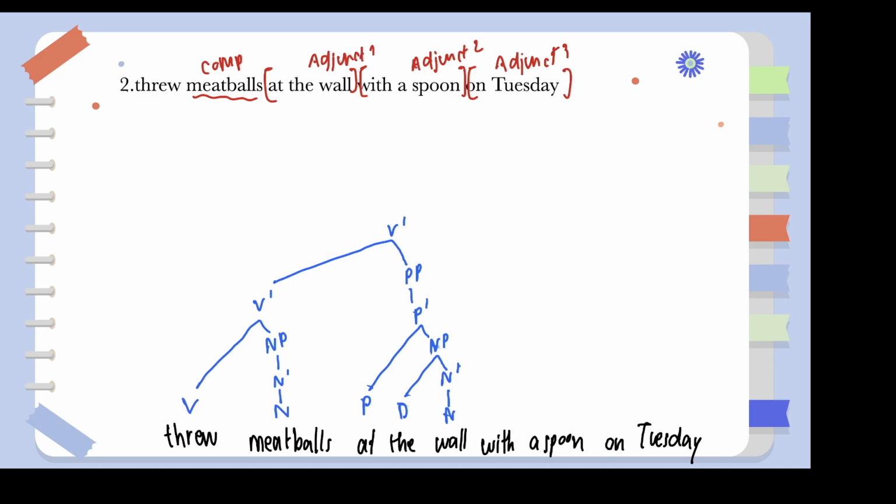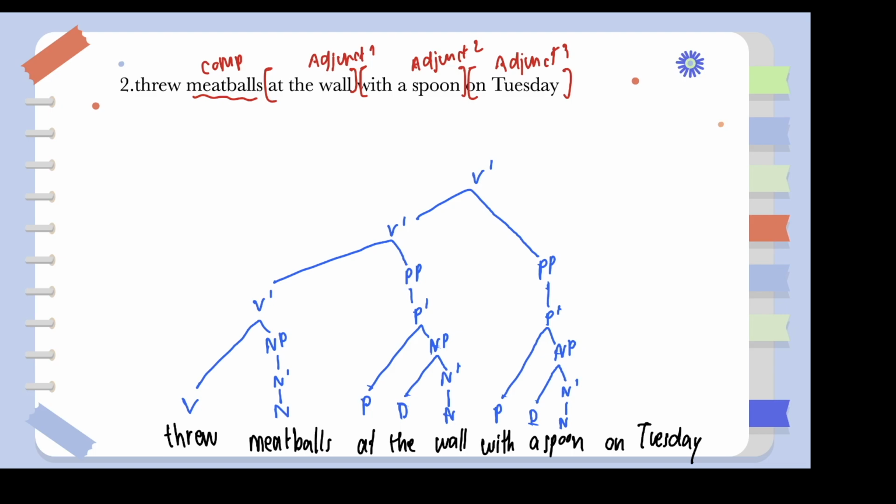In this V bar, we come to analyze with a spoon. Spoon is a noun, and then we have n bar. We don't have anything else, so the D is attached with spoon to be NP, and this NP once again is attached with the P with to be P bar, and in this P bar we have PP, and this PP is attached with V bar to be another V bar, threw meatballs at the wall with a spoon on Tuesday.